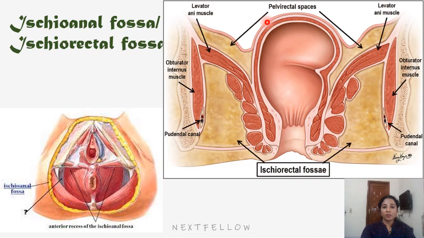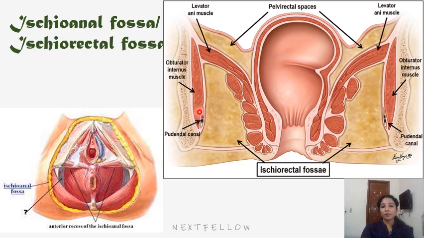The floor is formed by the perineal skin; you can see this is the floor, this is the roof. The roof is formed by the meeting point of the fascia covering the obturator internus and the inferior fascia of the pelvic diaphragm, that is, the levator ani.